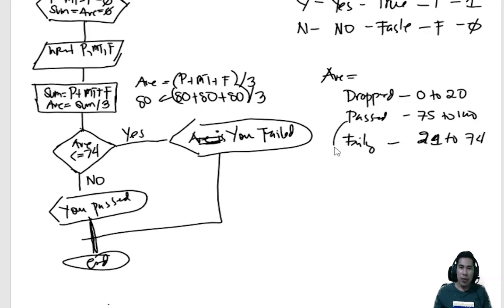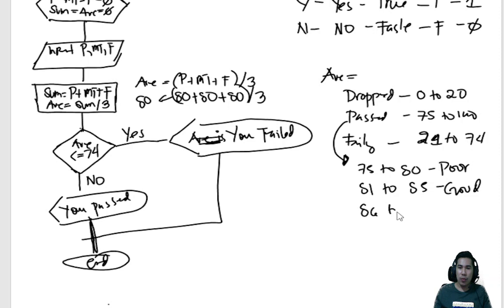Okay? And also, you can expand the pass. Either let's say 75 to 80, you want to put that as poor, or good. And 81 to 85, you can label as good. And 86 to, let's say 90, we label as very good, or maybe outstanding.